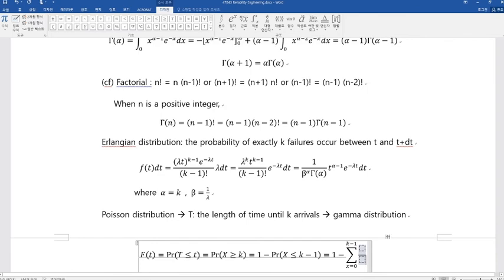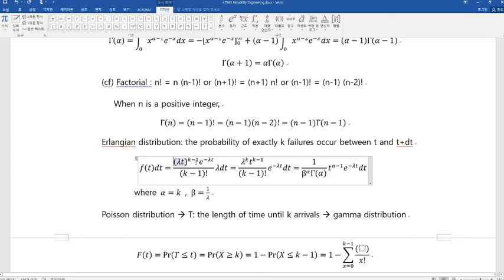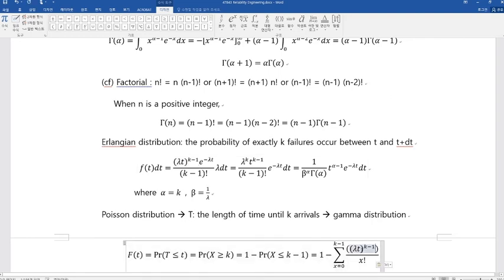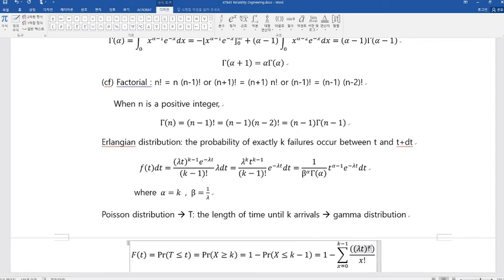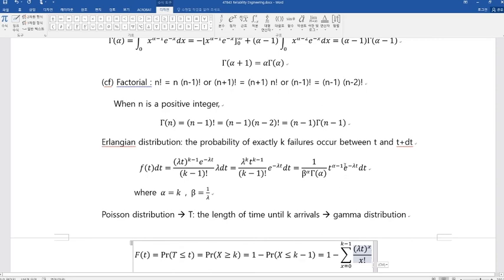Here is the place for the Poisson distribution, x factorial, and once again lambda t to the power x, exponential minus lambda t.